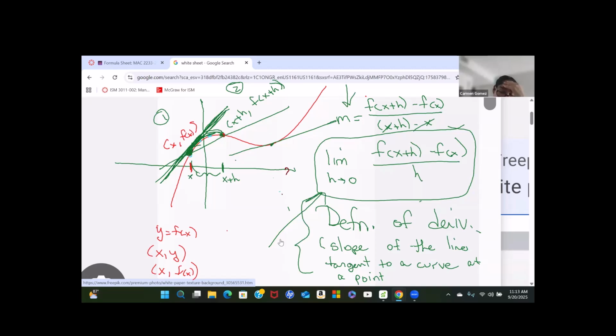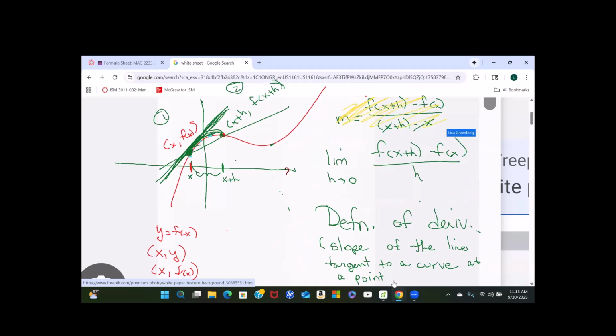Yes. Let me go back. Let me see what I can erase so I can make it less confusing. And we said that's the slope of any line that has 2 points, and I don't know anything about the points except they're h apart. That part you understood?